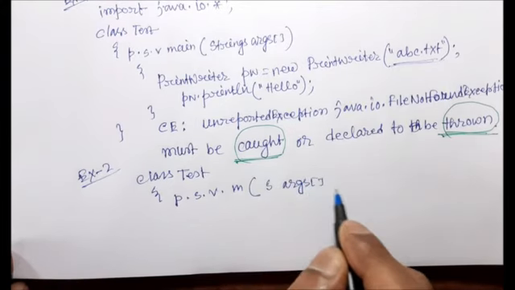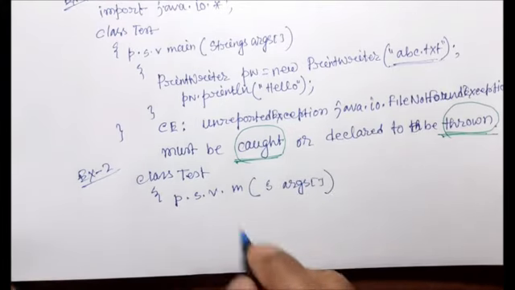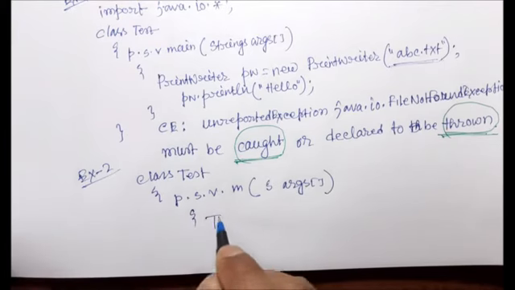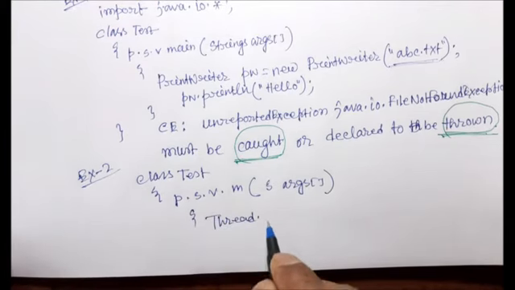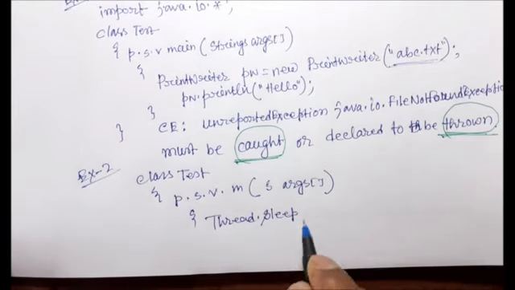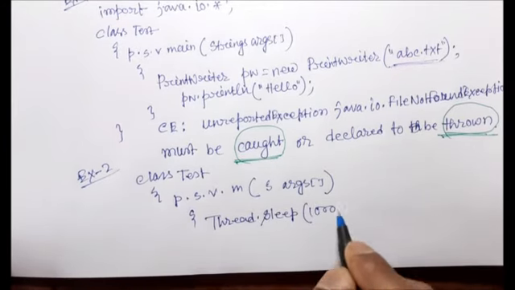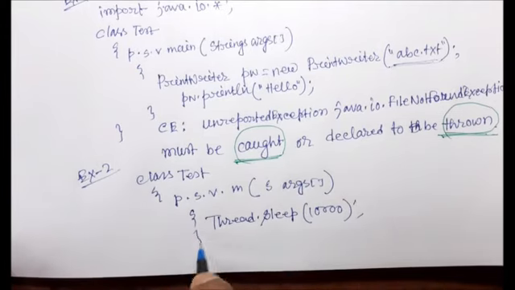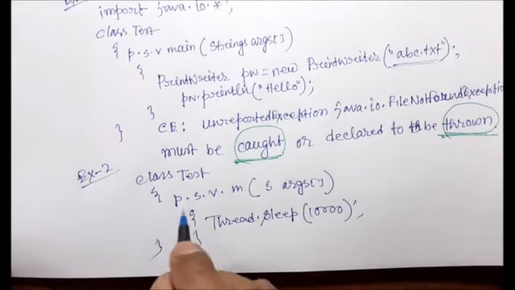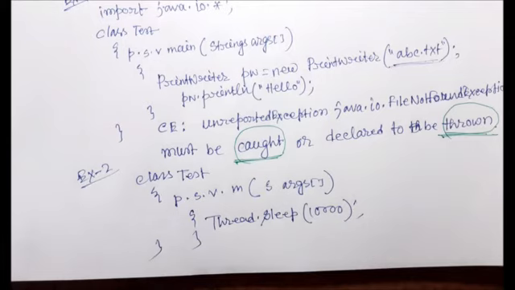I write Thread.sleep(10000), 10,000 milliseconds for example. So my main method is complete, my class is complete.